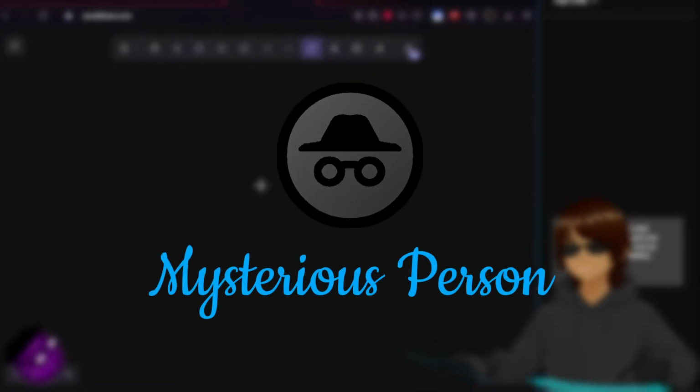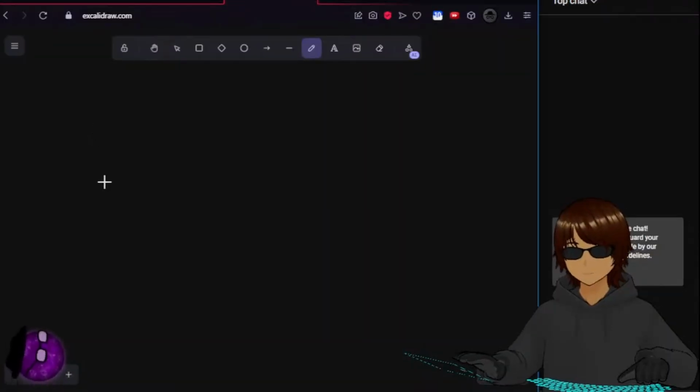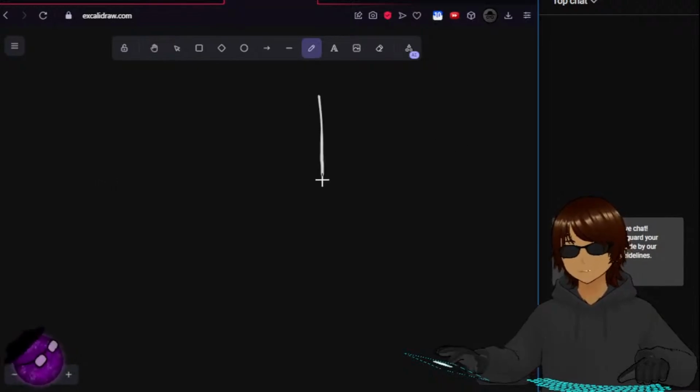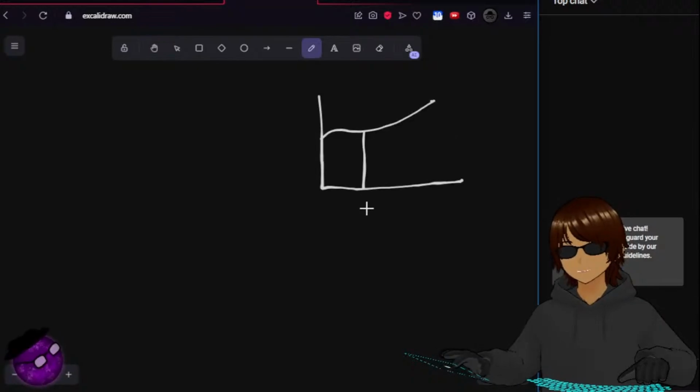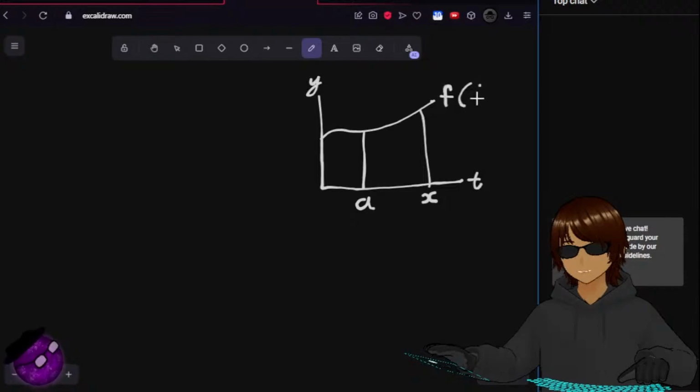Okay, so this is what I remember. Let's say there's a graph like that, and then we have this a. x is a variable, t, y, this is f of t, right?